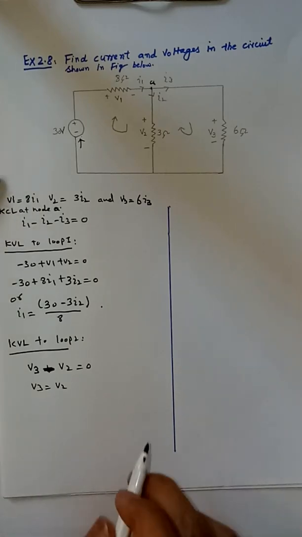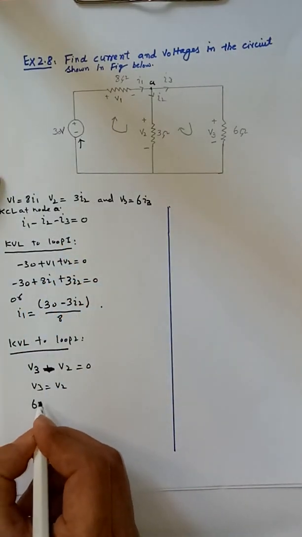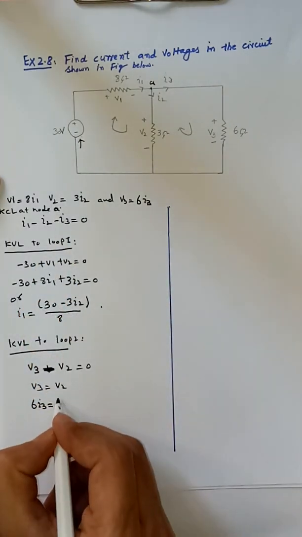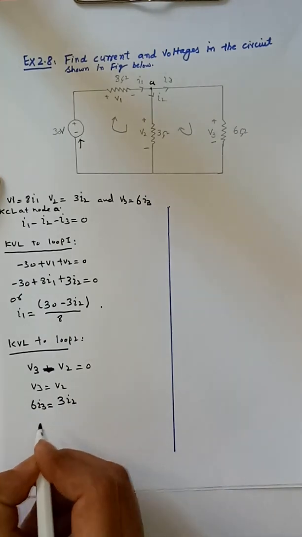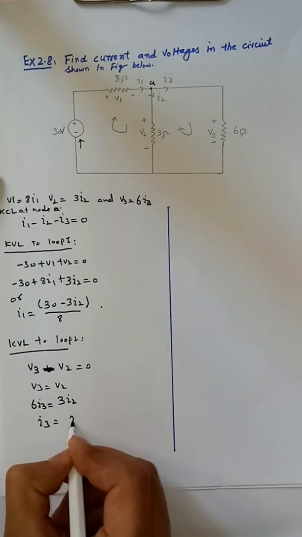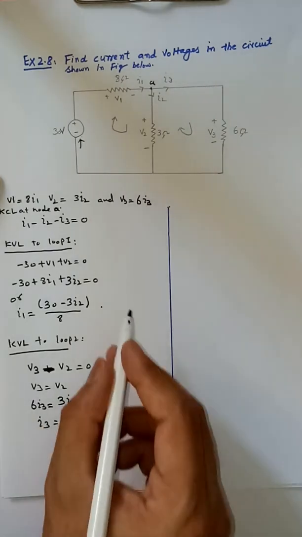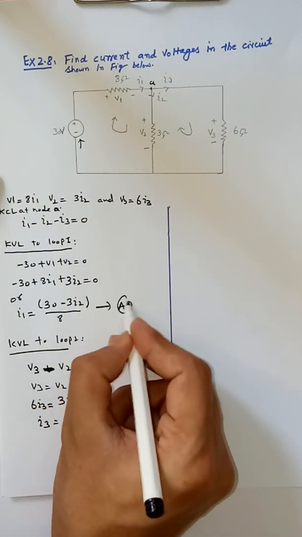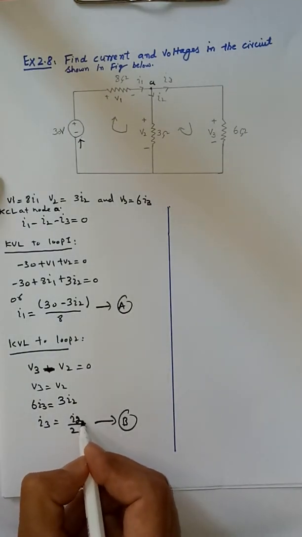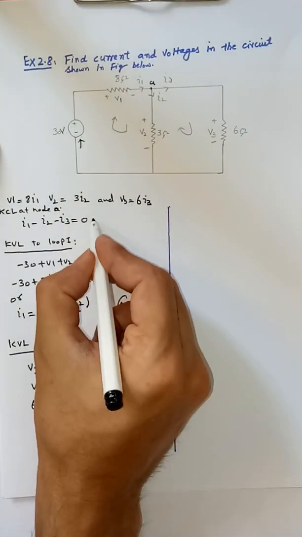As we know, V3 is equal to 6 I3 and V2 is equal to 3 I2. So I3 equals I2 divided by 2. Let's say this one is equation B.